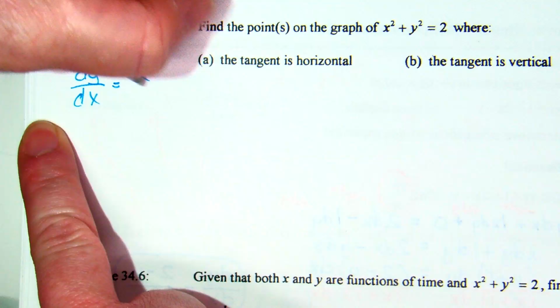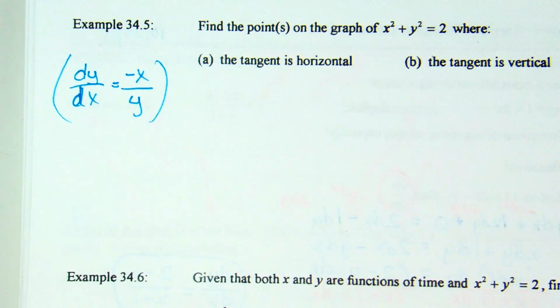Not magic, I'm just saving myself the work. Is that okay, plan? Okay, so it said, find the points on the graph x squared plus y squared equals 2, and A says where the tangent is horizontal.